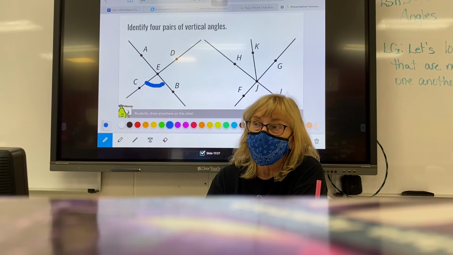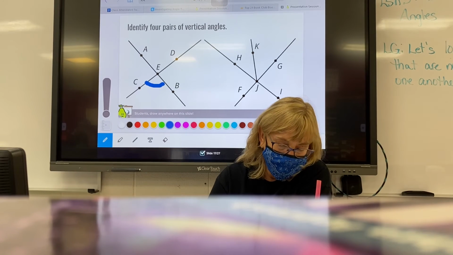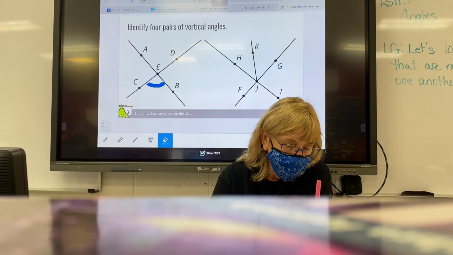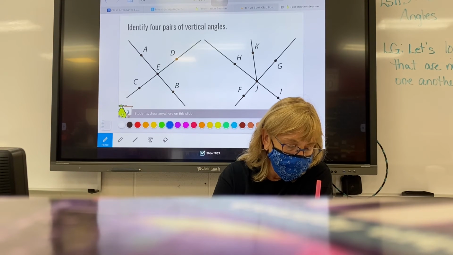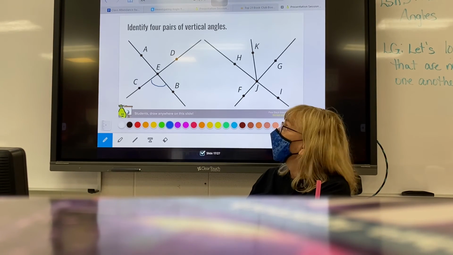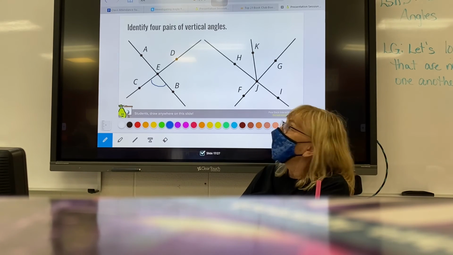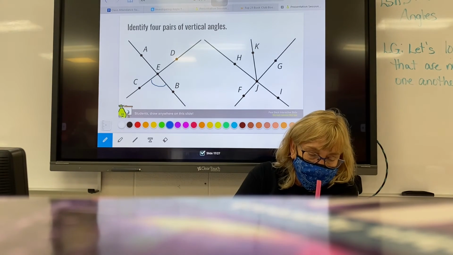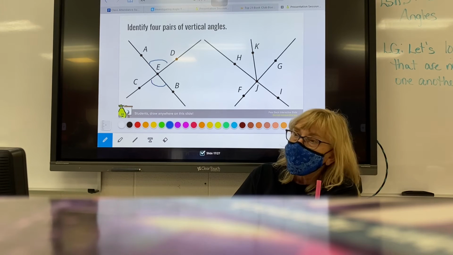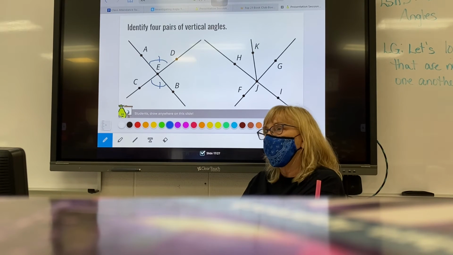Which angle is vertical to that? Okay, so if I was to draw this angle right here, what's vertical to that? AED, okay? And I would put 1 tick mark in it.